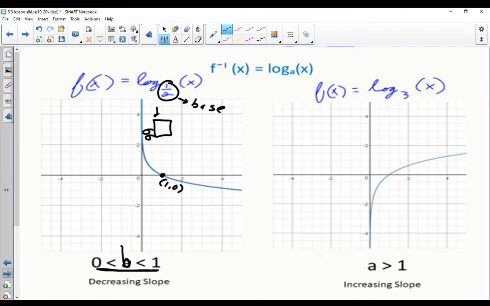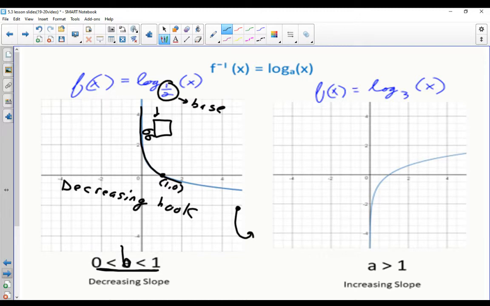Personally, when I look at this log graph, I always think it looks like a hook. So in other words, it looks like a decreasing hook. Like if you think about it, the way that it curves like that, it's kind of like, ooh, there's a hook. There's the little pointy end. That's what it looks like to me.